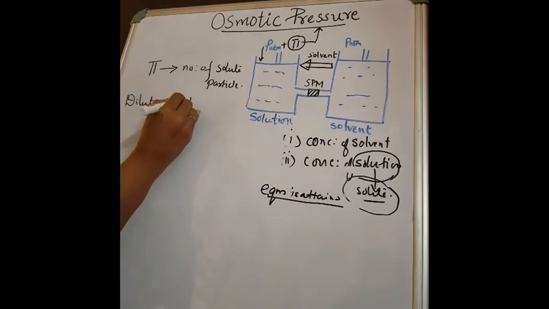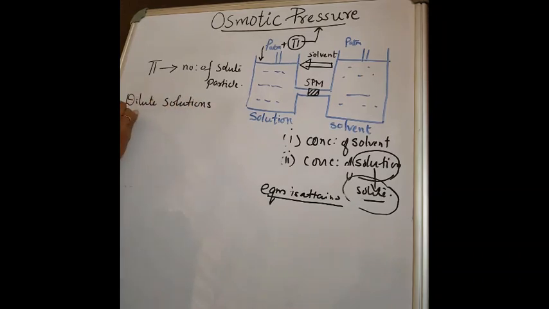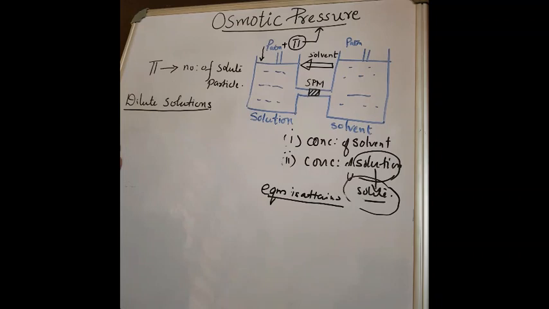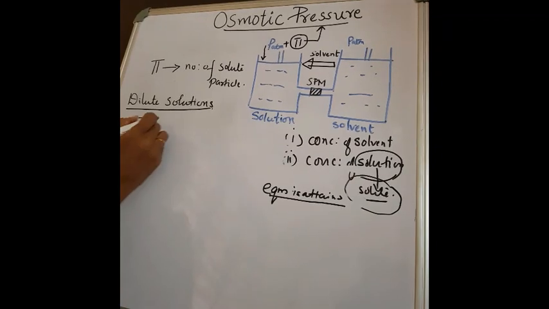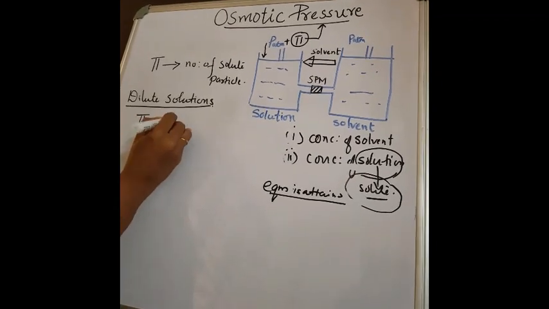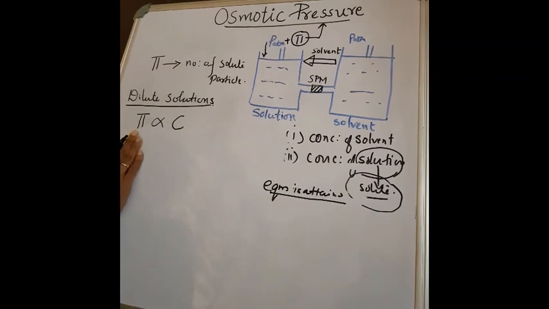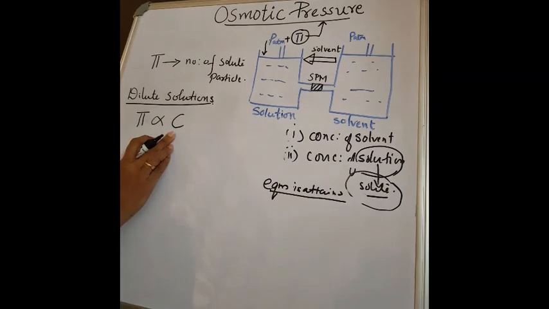All the colligative properties we discussed, we are considering only dilute solutions. So, in dilute solutions, it is experimentally proven that pi, the osmotic pressure, is directly proportional to the concentration.